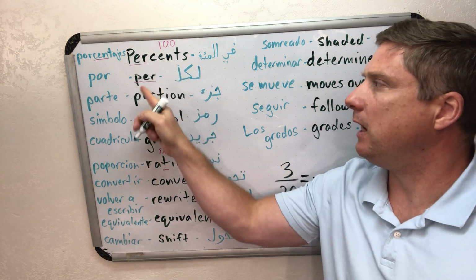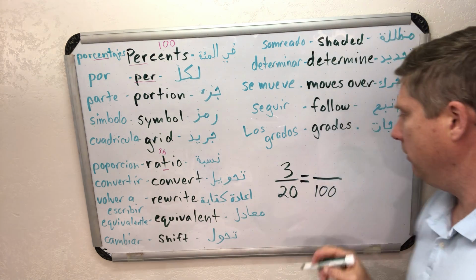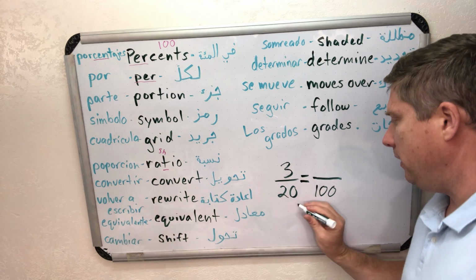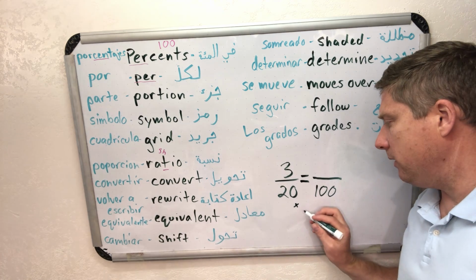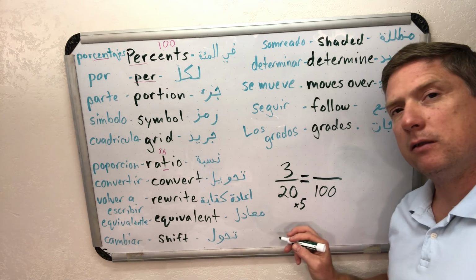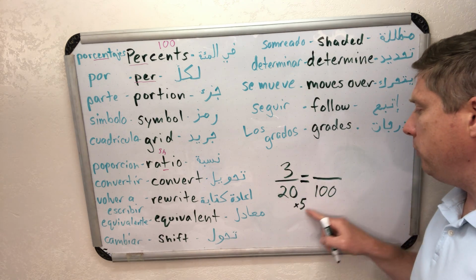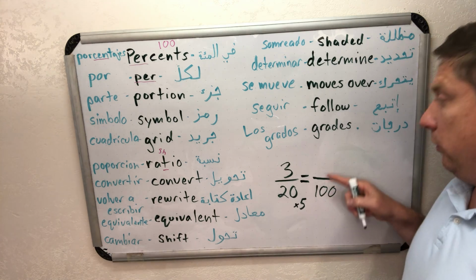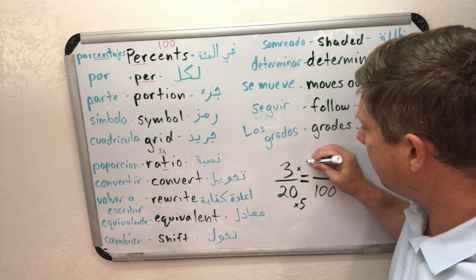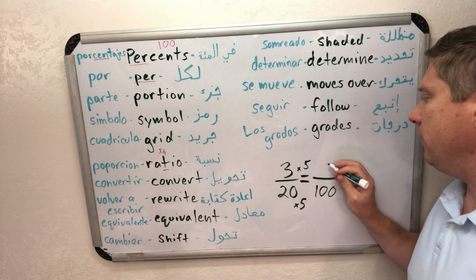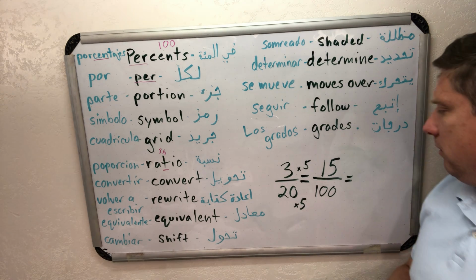the percent. And percent يعني لكل مية, or percent, per 100. All right, so 20 times what is 100? 20 times 5, right? 20 times 5 is 100, so whatever we do to the denominator, we do to the numerator. Same, نفس عملية, times 5. So 3 times 5 is 15. Oh, okay.